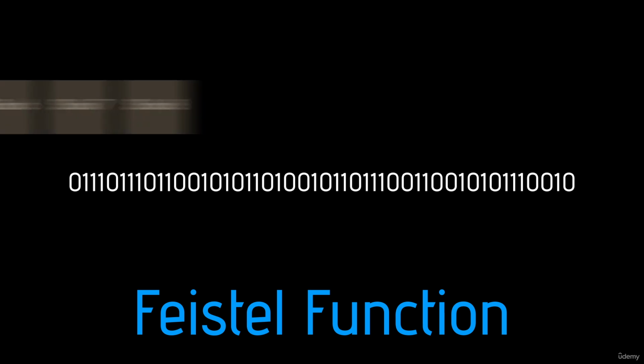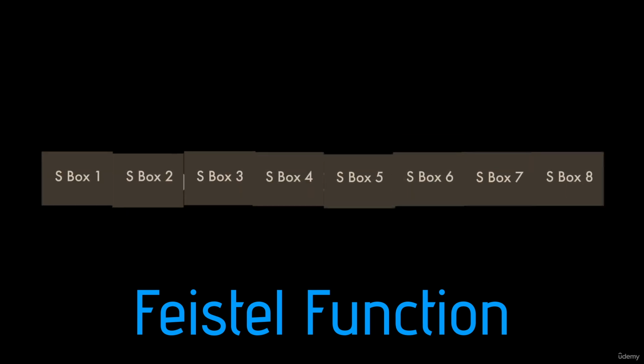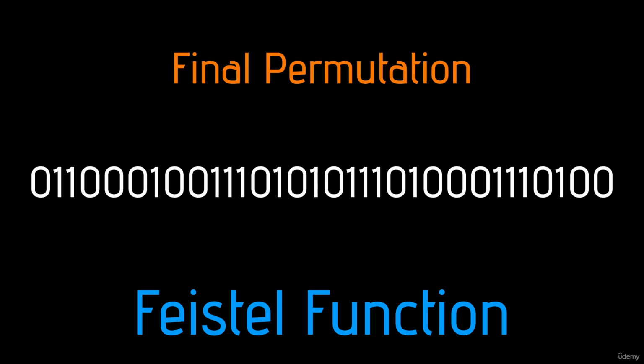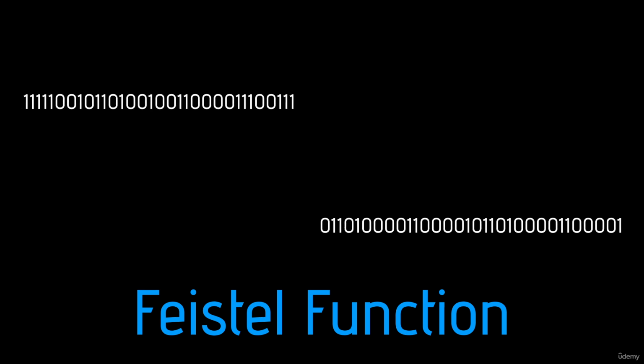Next, we're going to use what are called S-boxes. In DES, S-boxes take in 6 bits and output 4 bits. There are 8 different S-boxes, and each one gives a different 4-bit output. So we apply the 8 S-boxes to the data, creating a 32-bit output. And then we're going to do what we call a final permutation. We then put the two 32-bit chunks back together, but backwards.